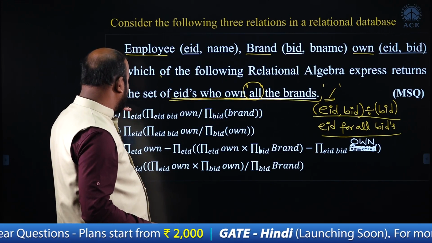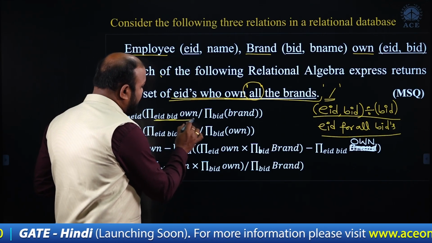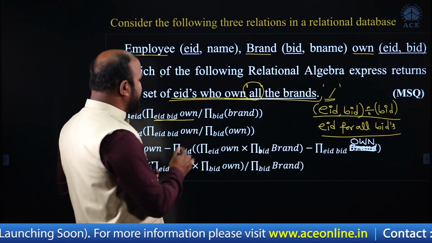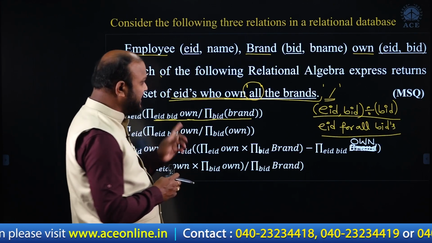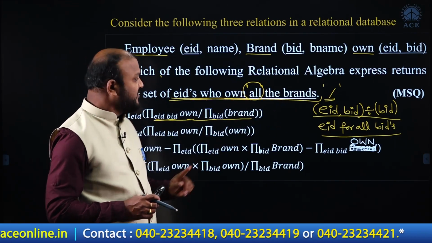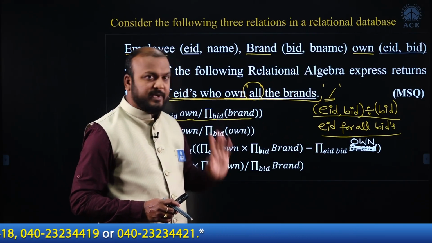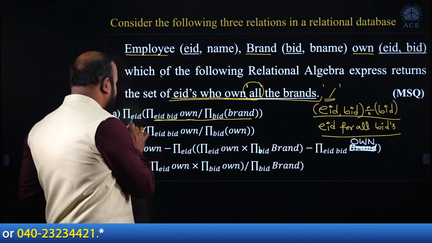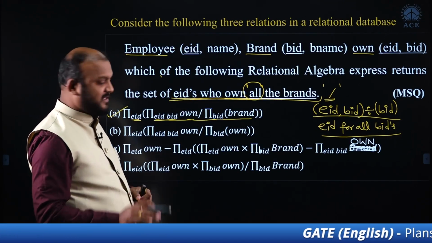Now, look at the first expression: employee ID, brand ID of own, divided by brand ID of brand. It is an expression like EID, BID divided by BID, which gives you the EIDs who own all the BIDs. So this is a proper query and undoubtedly it is correct.